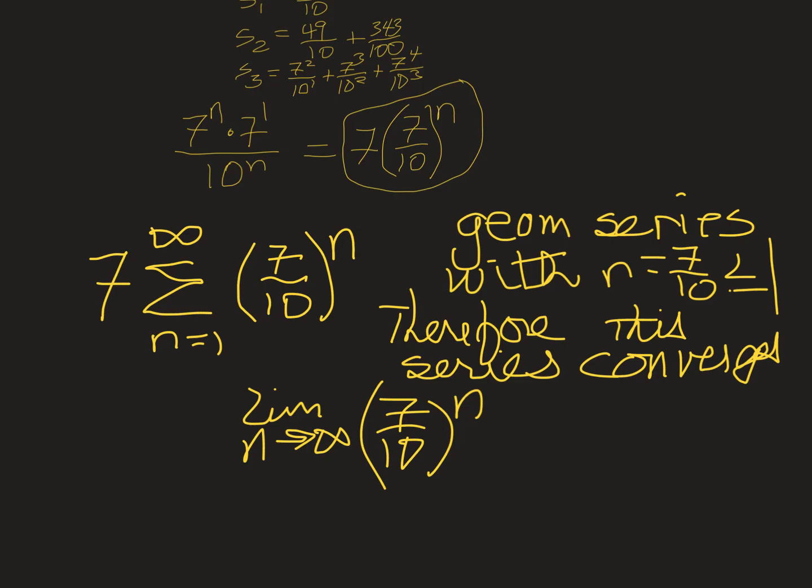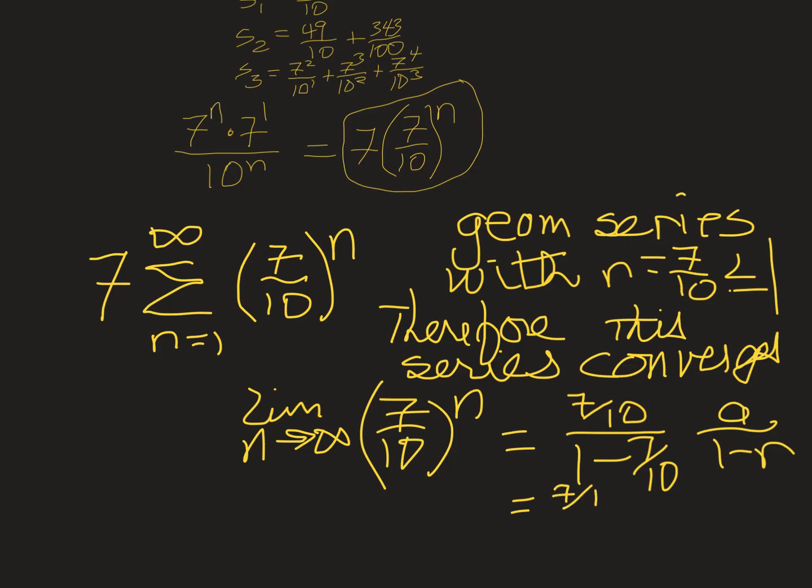And that is going to equal the first term, so when n is 1, this is 7/10, over 1 minus the common ratio, which is 7/10. All right. And then we simplify that. So this is the a over 1 minus r. And so that gives us 7/10 over 3/10.